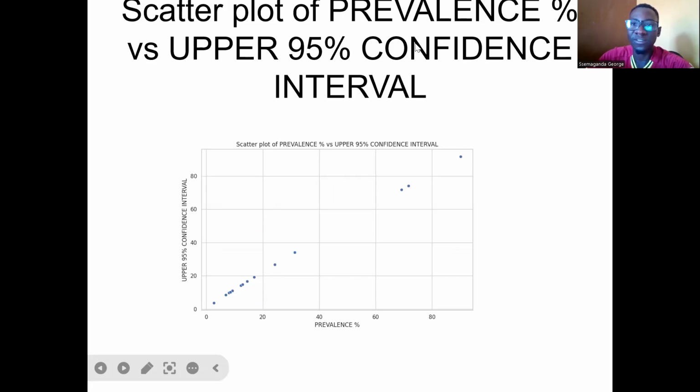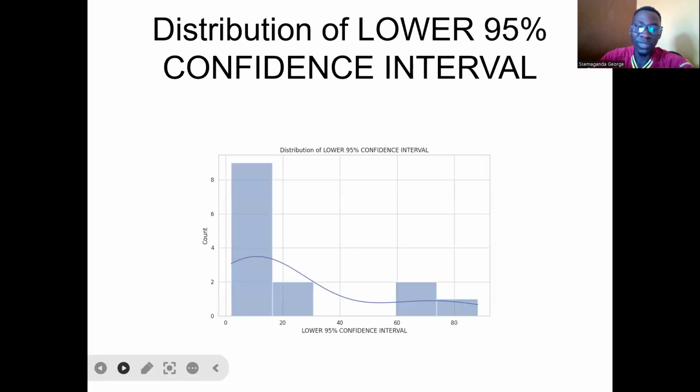Also the upper 95% confidence interval is also a gradual increment with increasing number of people who are participating in the study. So the distribution of the lower confidence interval is somewhat skewed as it increases.